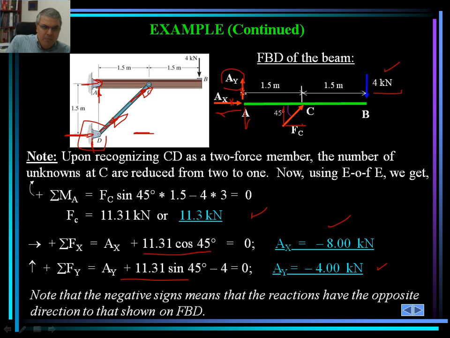The magnitudes are correct, but the directions of A sub x and A sub y would be different. But the direction of F sub C is correct, because we assumed it to the right and up, at an angle, and that is also correct.